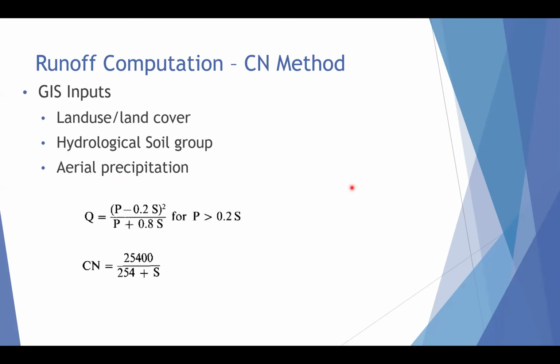Now, simple runoff computation. Basically, any of the water resources students might know this simple technique, that is the curve number technique, in order to calculate the runoff depth.